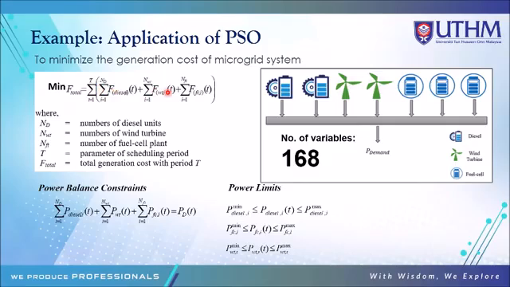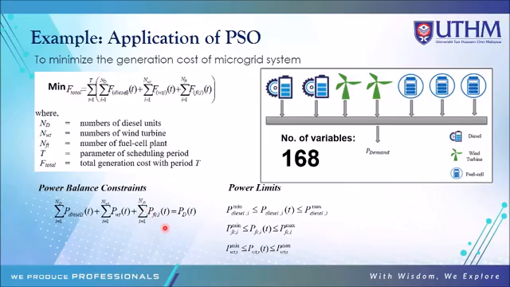Once we have an objective function and we determine the number of variables, of course we have constraints. So you have to formulate your constraints mathematically.